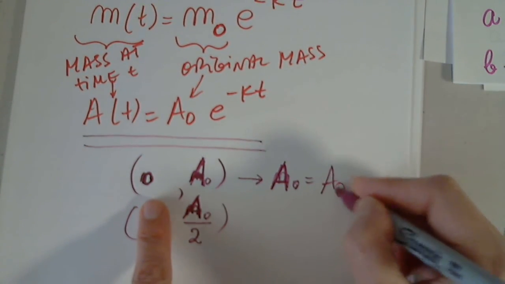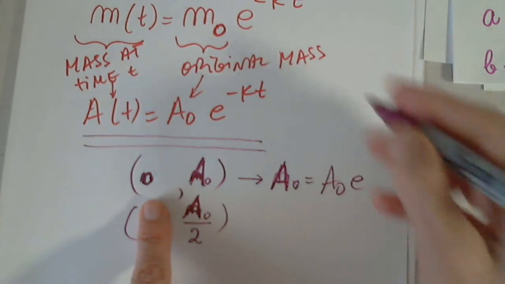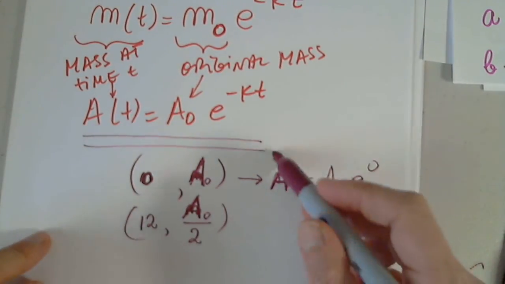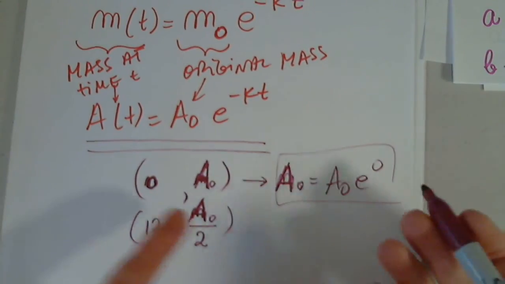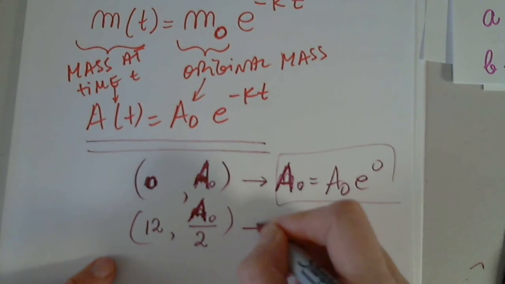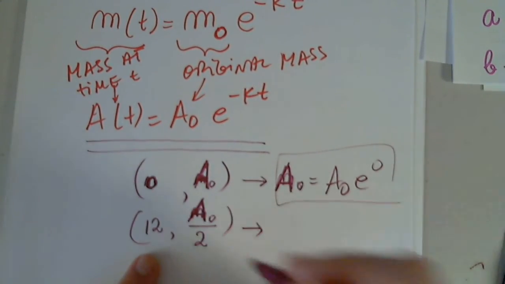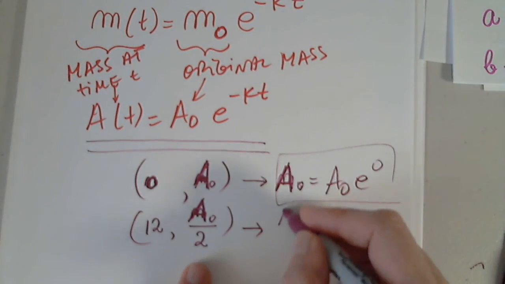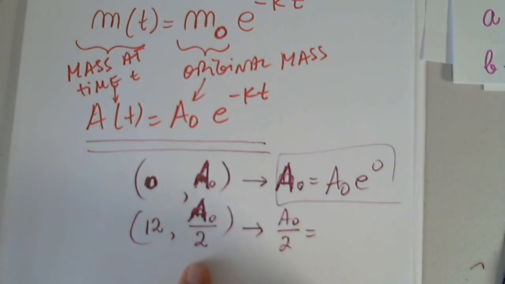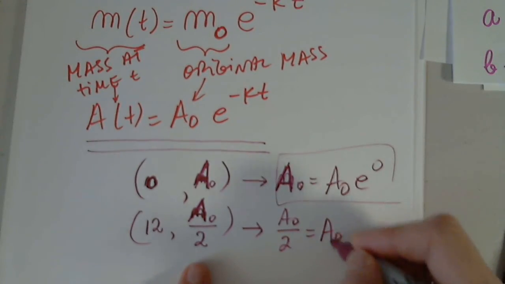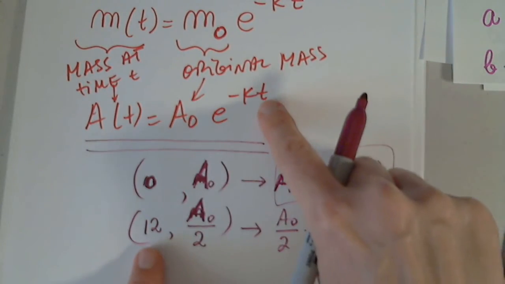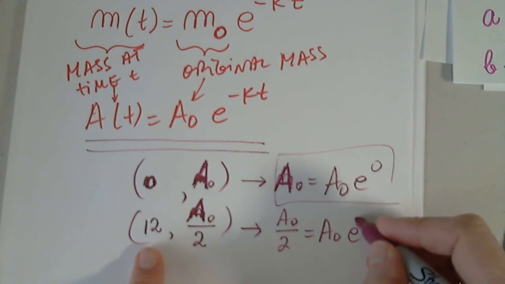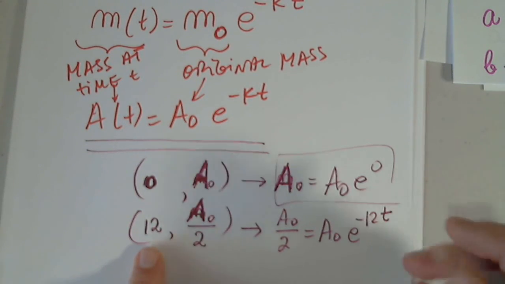equals a0 e to 0. Well, I don't have any new information here. It's just that a0 equals a0, but this is a preparation for this point. 12 hours later, the mass is a0 over 2 equals the a0, but now t is 12, e to negative 12k.